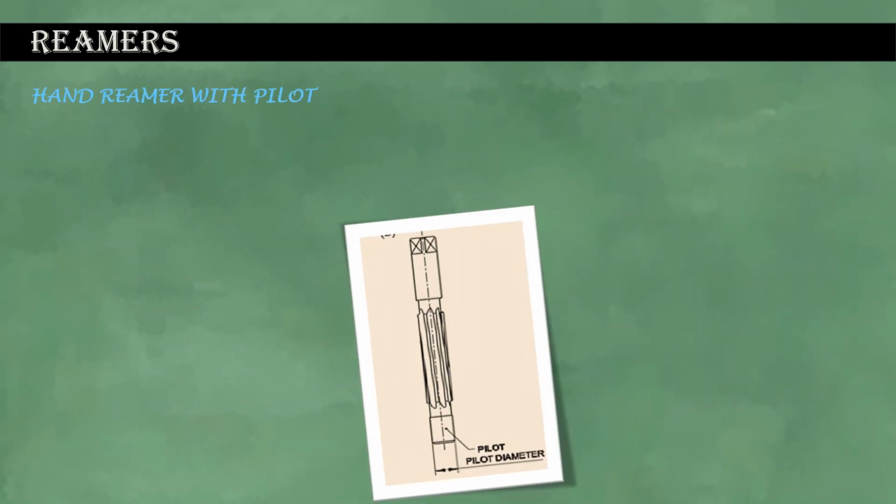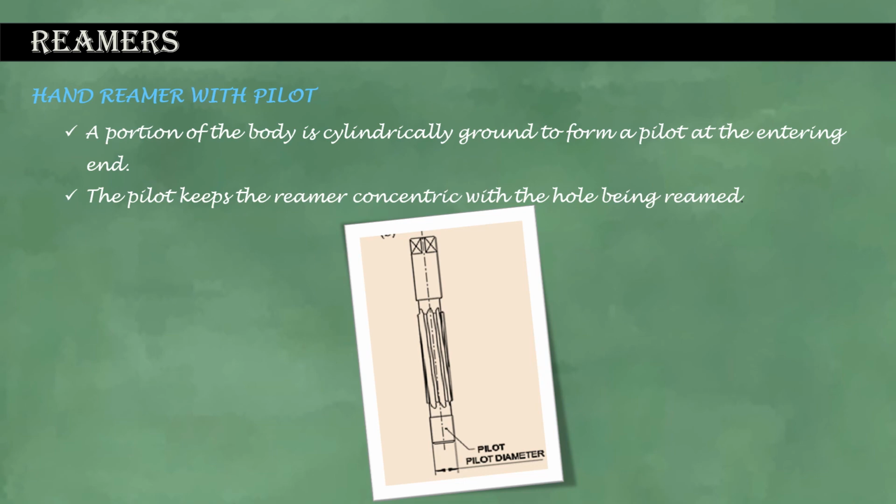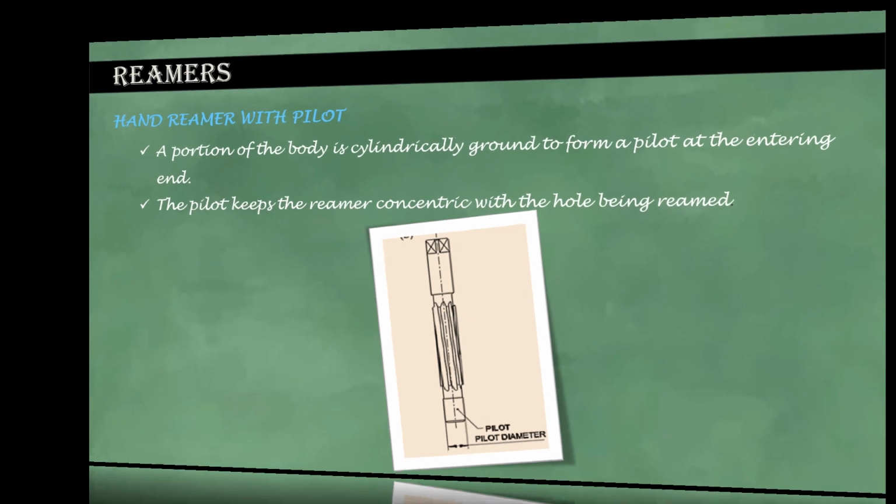Hand reamer with pilot. A portion of the body is cylindrically ground to form a pilot at the entering end. The pilot keeps the reamer concentric with the hole being reamed. Socket reamer with parallel shank.